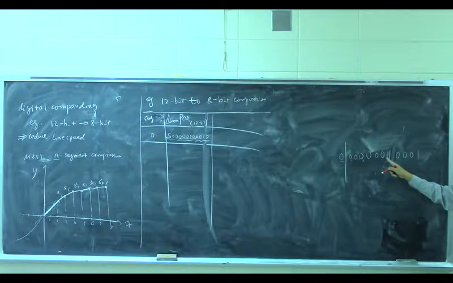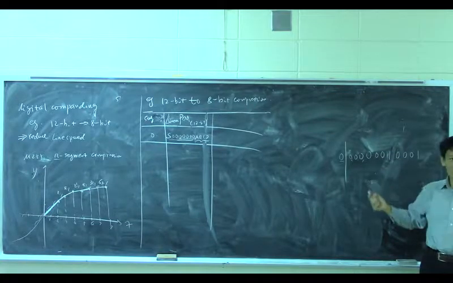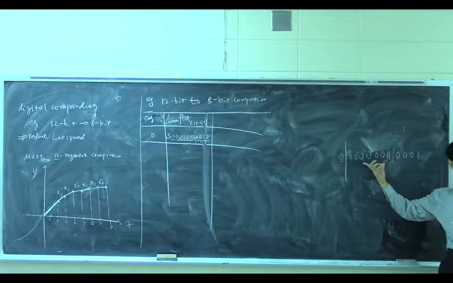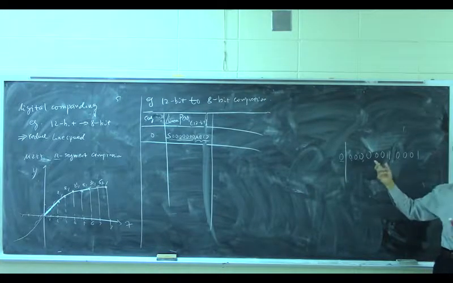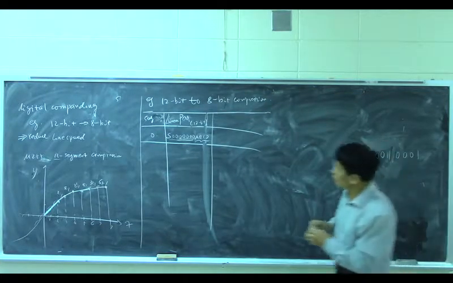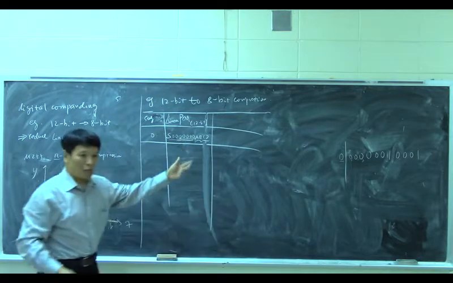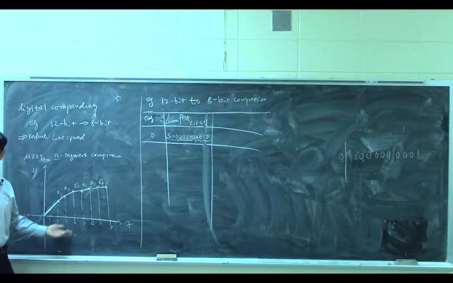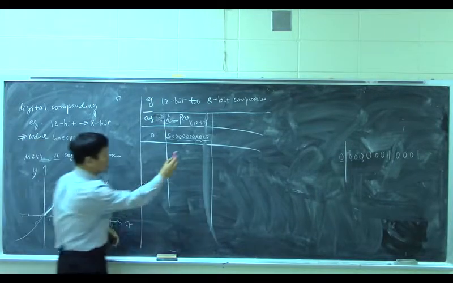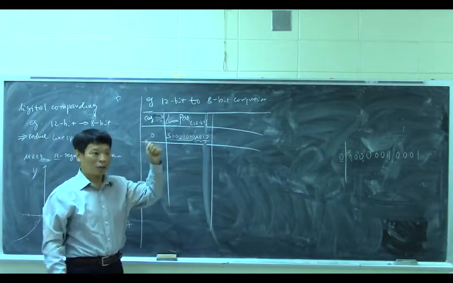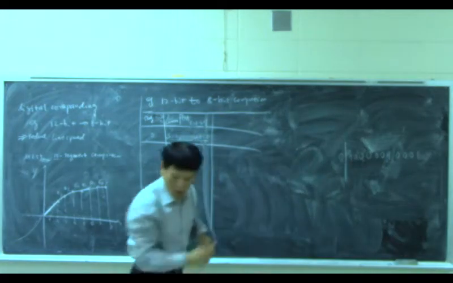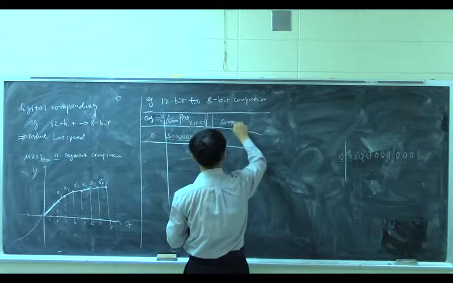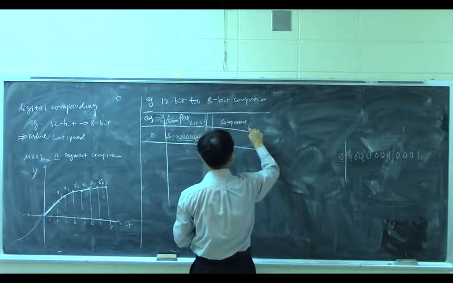If the number is on segment 0, we need to have 7 zeros after the sign. This one is not small, so this one will be compressed. We said we have no compression for segment 0, so we just keep that number. The next one is the compressed, and compressed means 8.